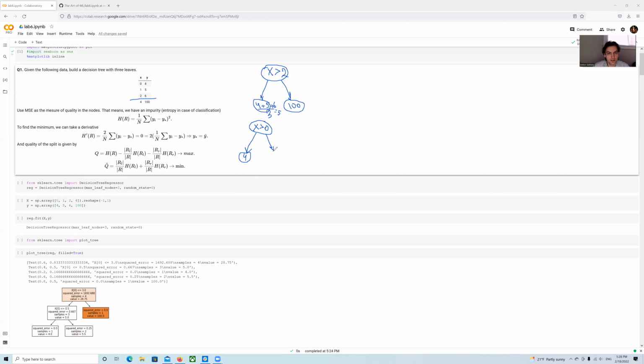And in the right class, we will have the mean value of 5 and 6. Let's calculate the impurity for the first split.